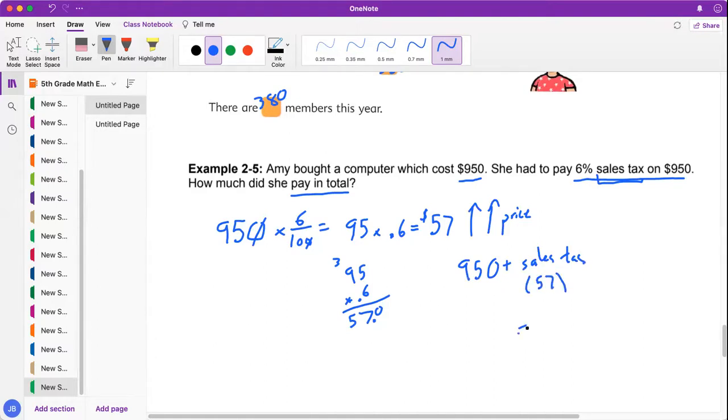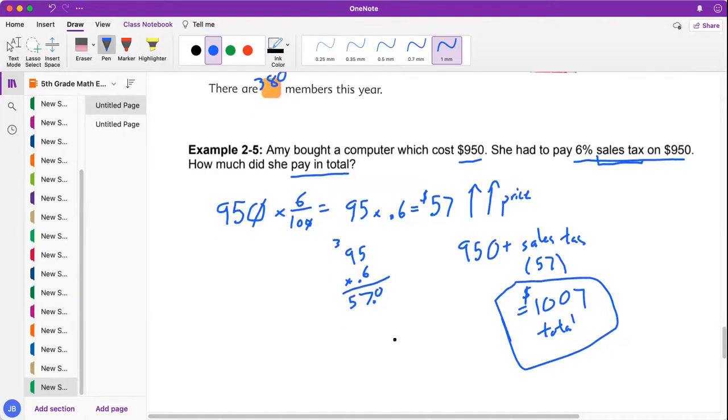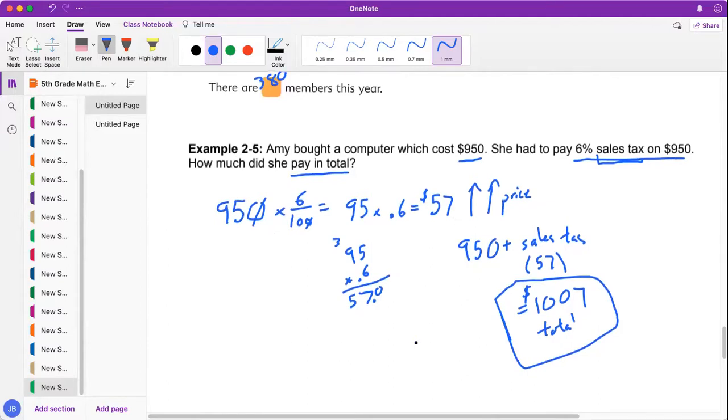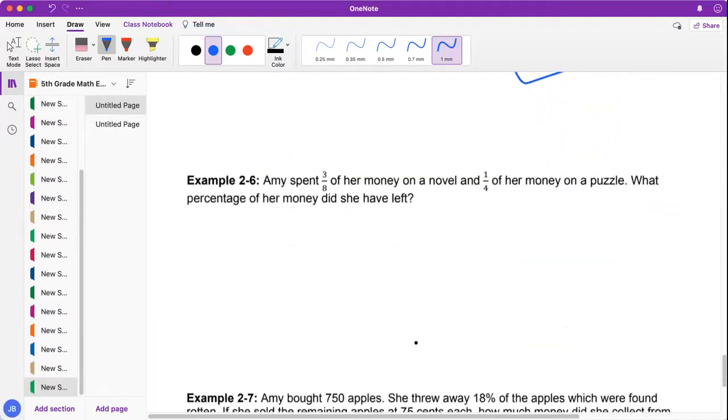And that will give us $1,007 for our total price. Does that make sense? Does that look good? All right, any questions on that one or anything so far? All right, perfect.